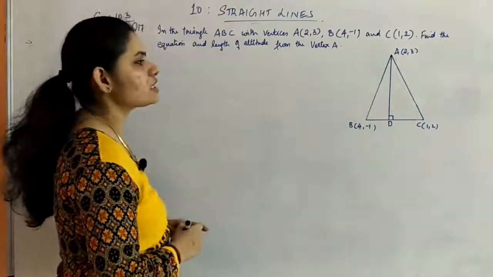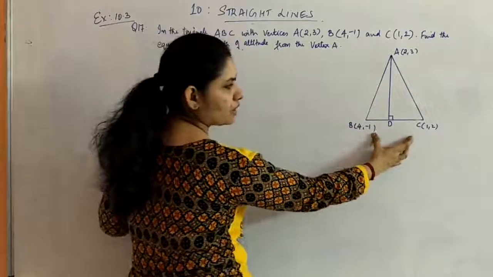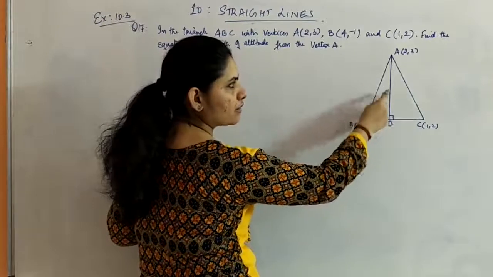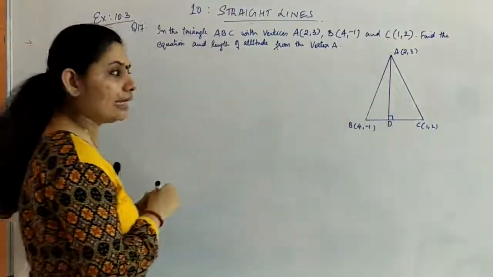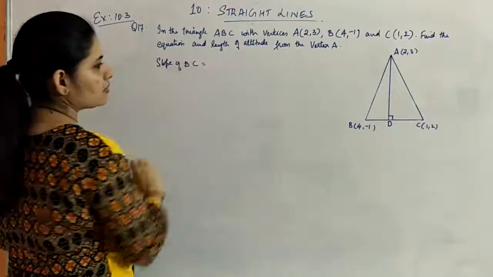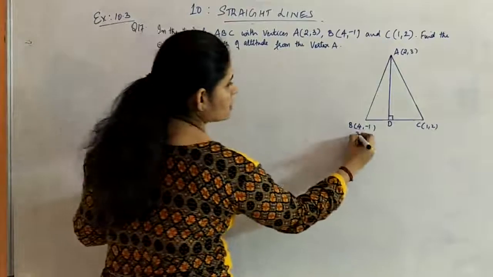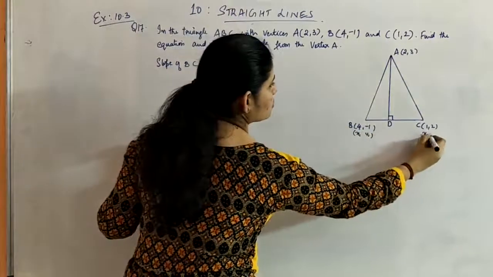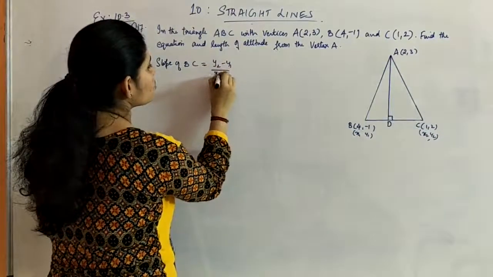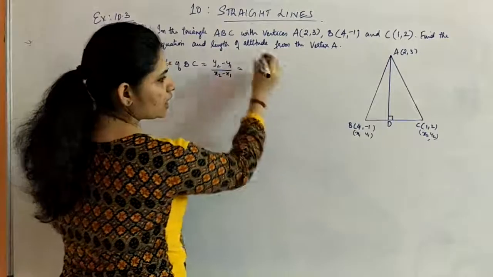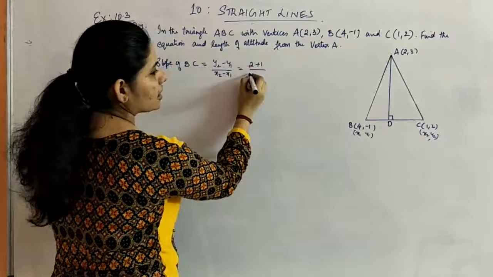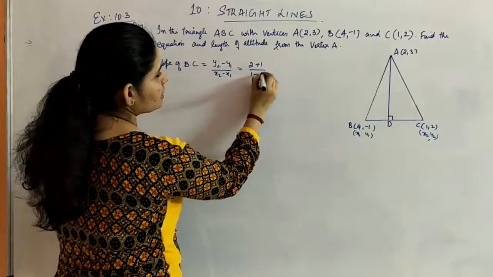So for that, first we will start with the slope of this line, because since AD and BC are perpendicular to each other, this will help us to get the slope of the line AD. First we will find out the slope of BC. Slope of the line BC will be y2 minus y1 by x2 minus x1, where this is x1, y1 and x2, y2. What is that? 2 minus 1 divided by x2, which is 1, minus 4.